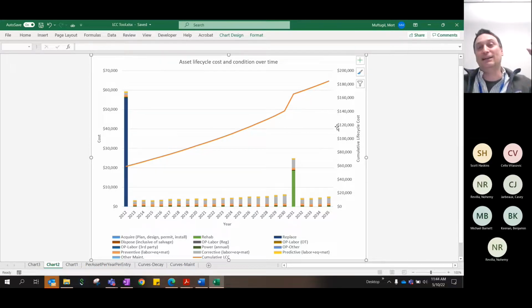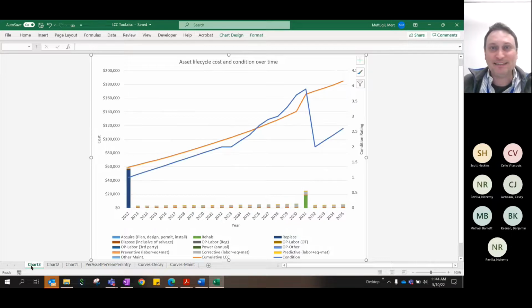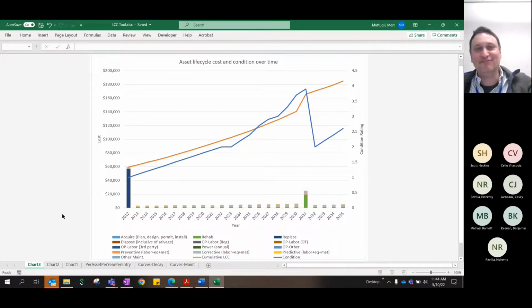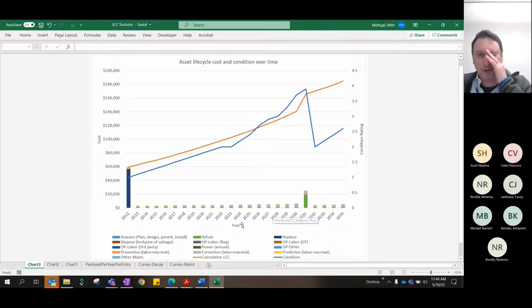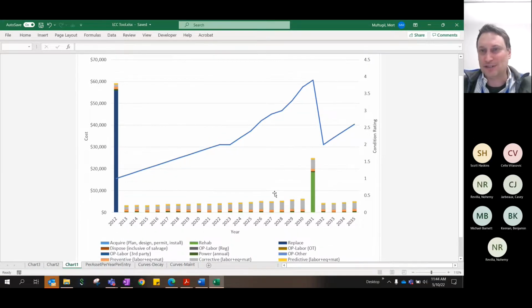Now, I didn't want to add condition to this one as well because it was going to get real busy, but I did it on this one by putting all the cost data on the left primary y-axis and the condition data on the secondary right y-axis. So you can see this as well if you want to throw everything together. I don't like this one so much because it makes all these annual contributions very small. It almost becomes difficult to see them. So this is my favorite as a result.